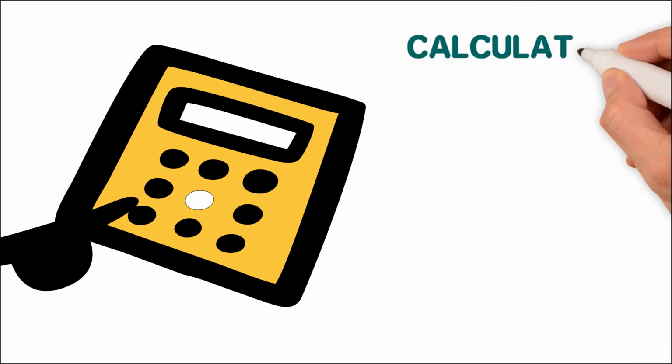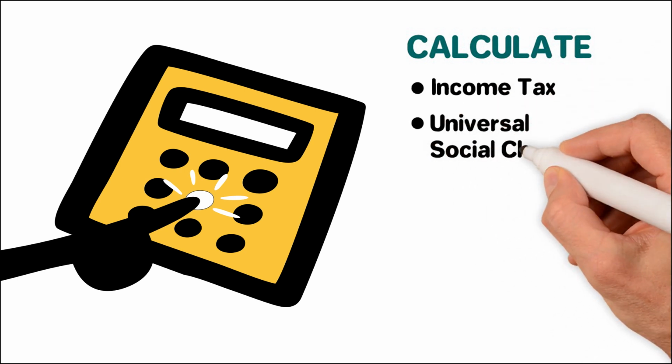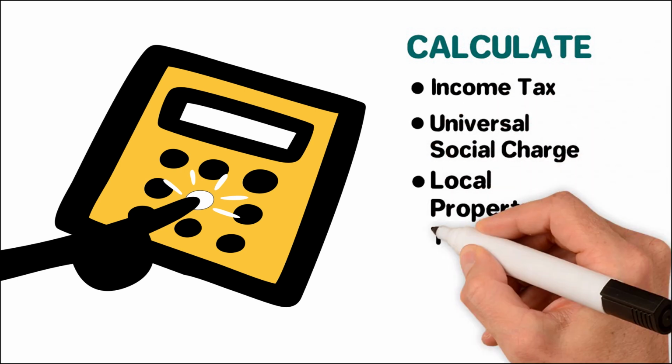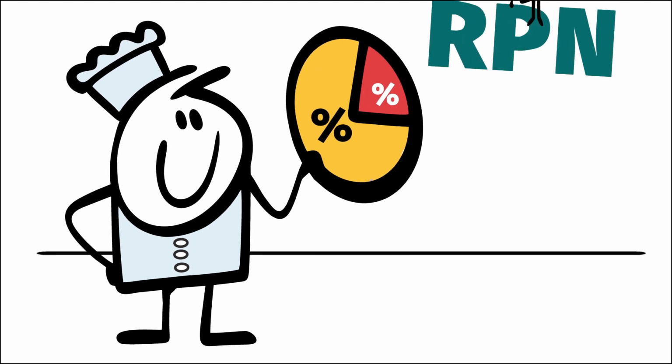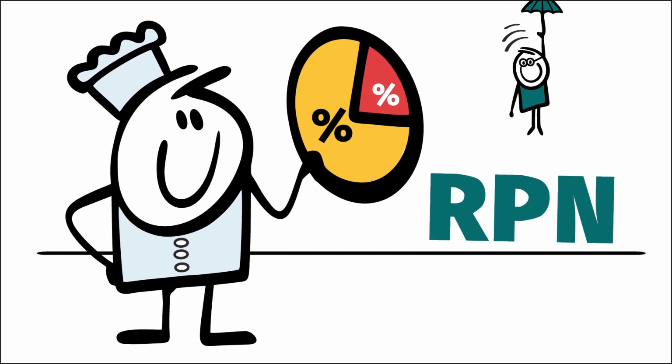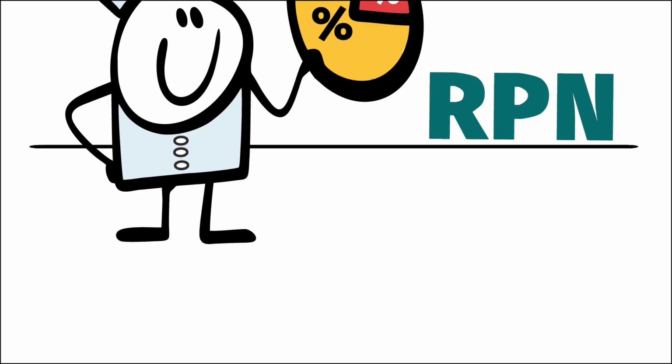Using the RPN, Jamie's employer will calculate her income tax, universal social charge, and local property tax, if Jamie is paying that through her wages. Each time Jamie is paid, her employer will ask Revenue for a new RPN, to ensure that they are using the correct calculations.